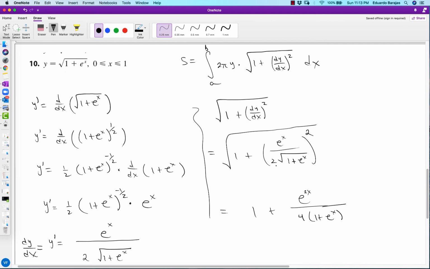Right, squaring this guy, squaring that guy, everyone gets squared. There's a plus 1, square root of that whole thing.